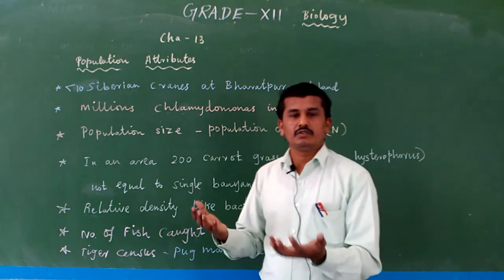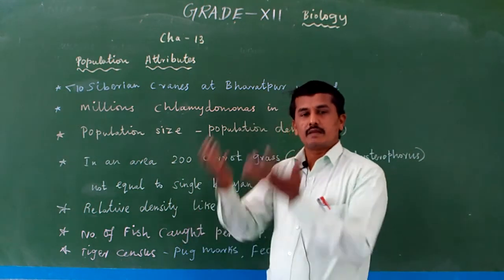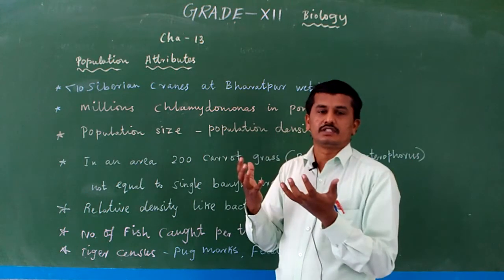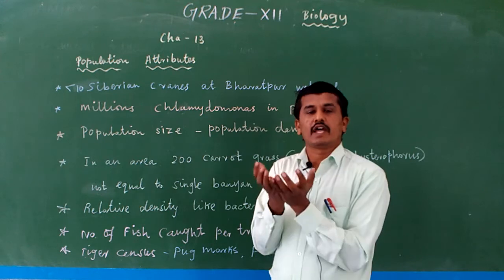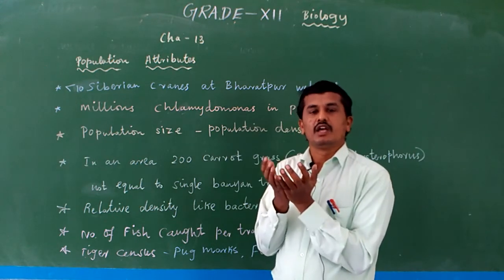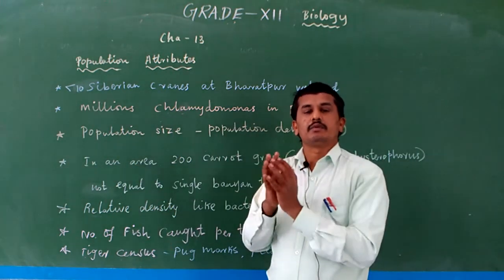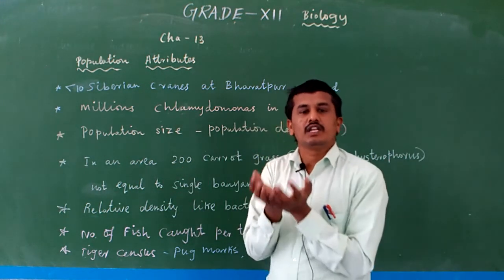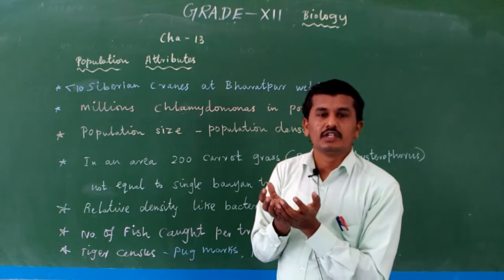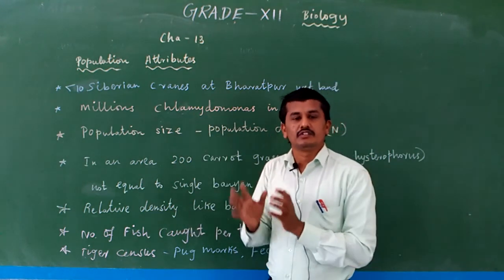For example, with the use of a net, we trap the fish. If 500 fish are caught, the fish population in that area is large. If per trap we get only 5 fish, the fish population is small.